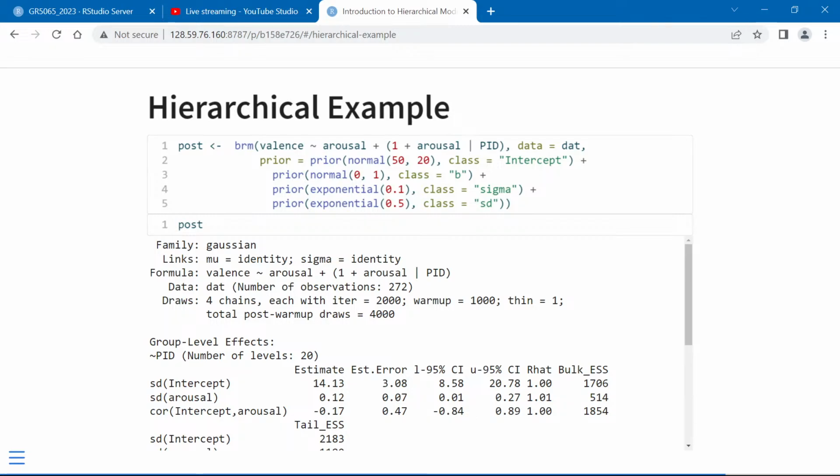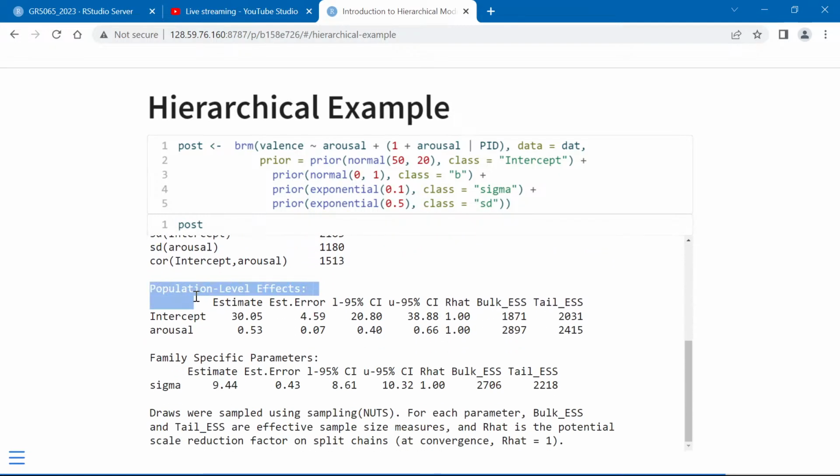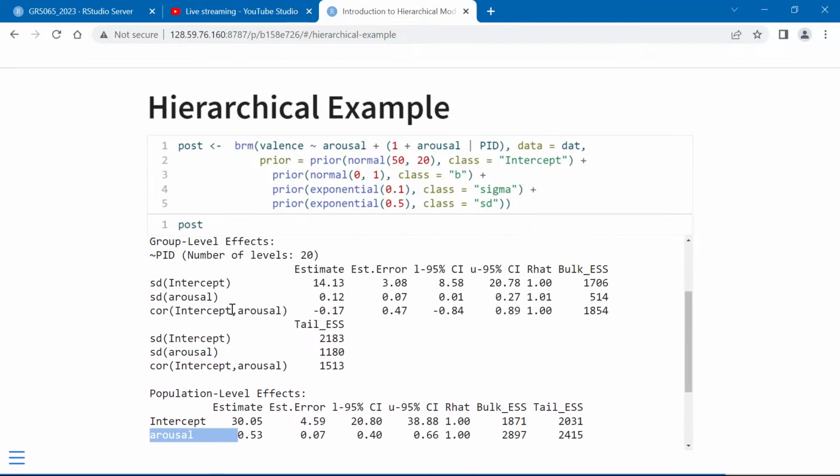It runs, you get estimates, and that is going to include what BRMS calls population level effects, so the alpha and the beta that pertain to everybody, as well as group level effects.